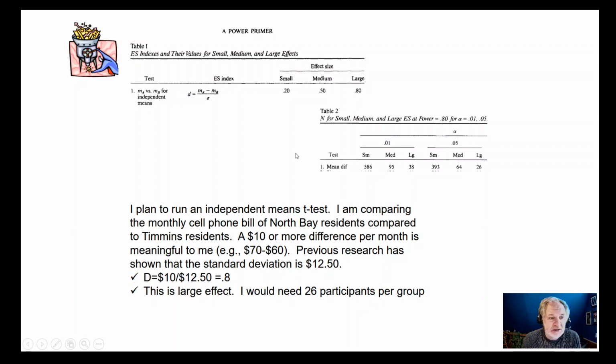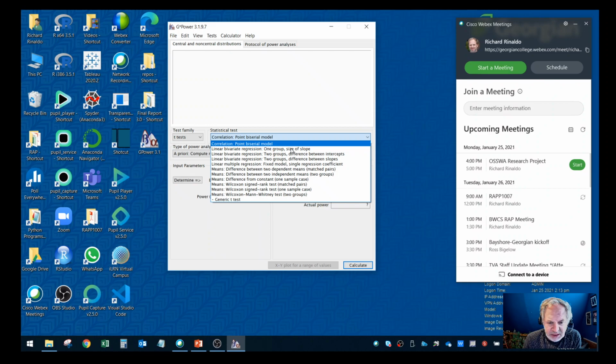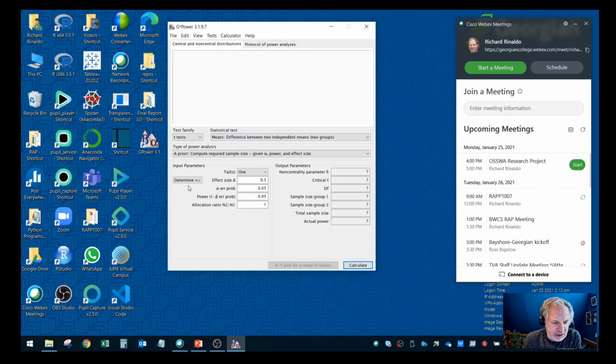The one I have, you don't have to actually install it on your computer. I have it right here. So I want the t-test, two independent groups, and I want to determine my inputs.